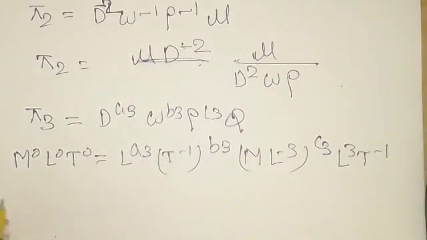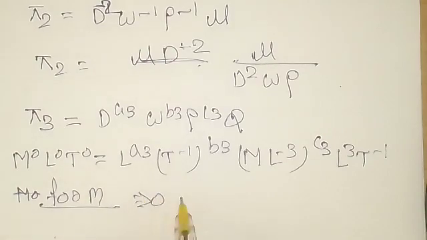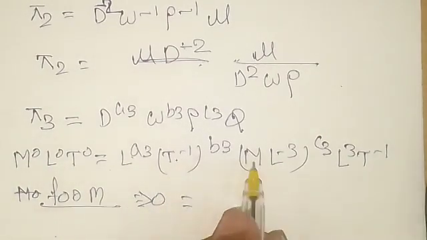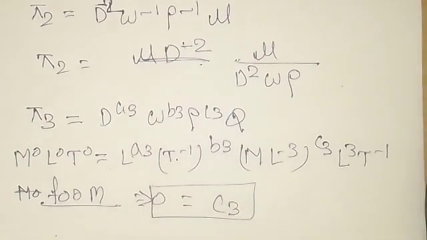All right, so for M, its power is 0, so we don't have M except in rho, so c3 is equal to 0, first we got.